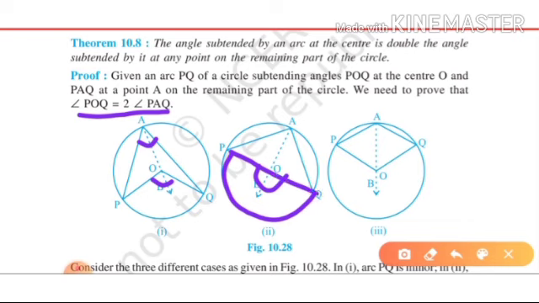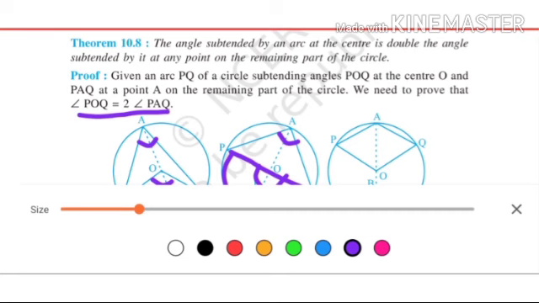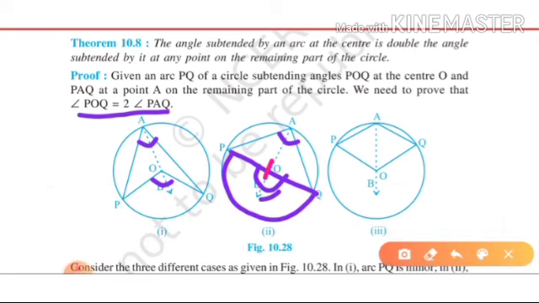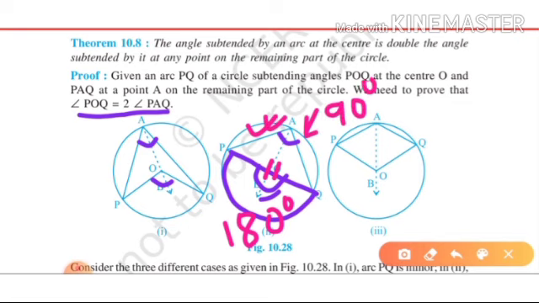Now if PQ is the diameter, the angle POQ is 180 degrees. Then this angle will be half, that means this angle will be 90 degrees.